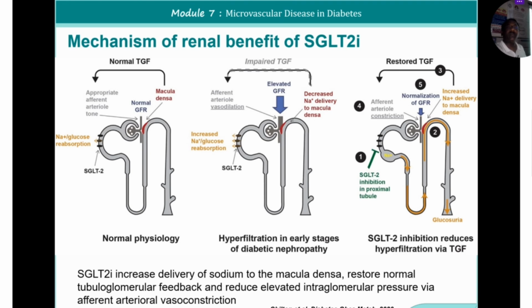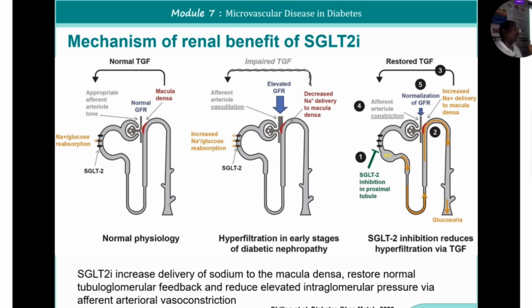So these are the mechanisms of the renal benefits of the SGLT inhibitors. See the normal, and the second one is the impaired TGF, and then the restored TGF. Okay. So in the normal state, there is appropriate efferent arteriolar tone, macula densa, glucose reabsorption, SGLT2 inhibitors. This is the normal physiology. It's a clumsy slide, but one thing is very clear: every day, whatever blood is there has to be filtered in the glomerulus.